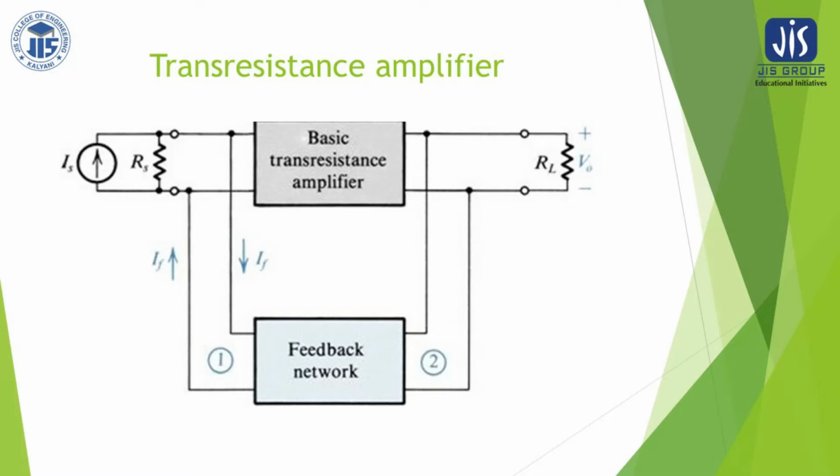Therefore, R0 should be as small as possible, or ideally zero, that is short circuit. So R0 should be as small as possible with respect to the load resistance. So this is about the transresistance amplifier, where this A refers to the transfer gain of the transresistive amplifier.